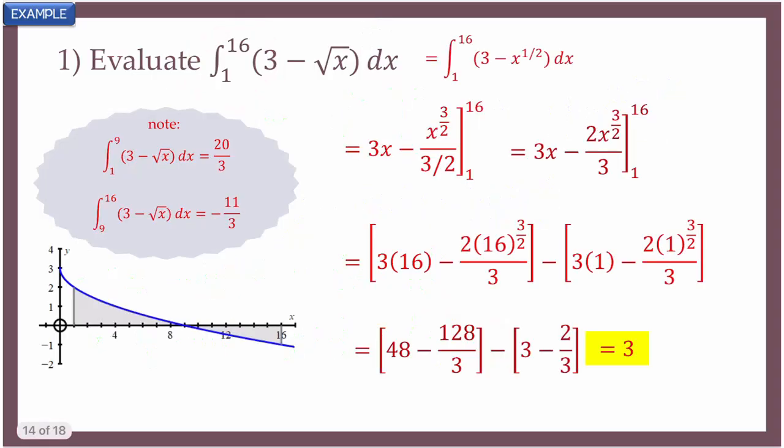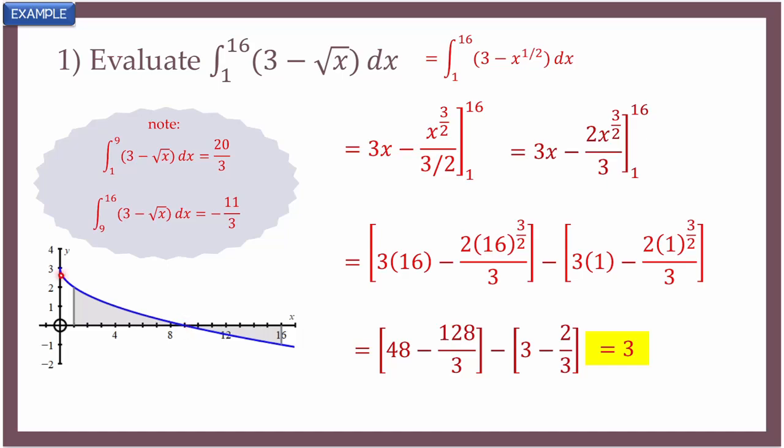Now, here's the same question on this slide. I'd like you to notice that here's your graph. This is the graph of 3 minus the square root of x. You'll notice it's a square root function, as you know, sort of like half of a sideways parabola, but it's like the bottom half of the sideways parabola because of that negative sign. And of course, it's got that vertical translation up to 3. You can see that this graph actually crosses the x-axis at x equals 9.